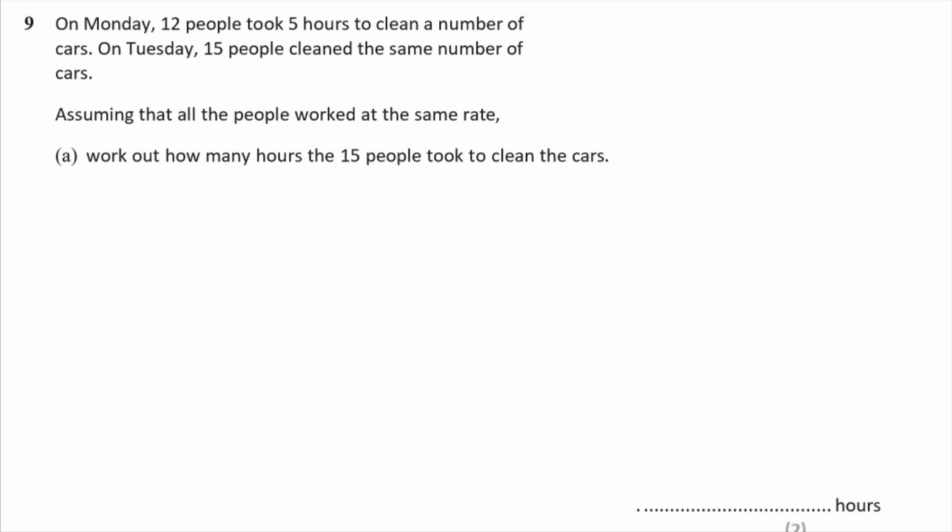What I like to do is, if I've got 12 people who took 5 hours, the first thing I want to do is work out how many people hours it takes to do the work, so like the total sum of all the work. So if you times 12 by 5, you're going to get 60, which means that there's 60 hours worth of work to be done by somebody. Okay, so then if you take that 60 hours and divide it by 12 people, they each get 5 hours each.